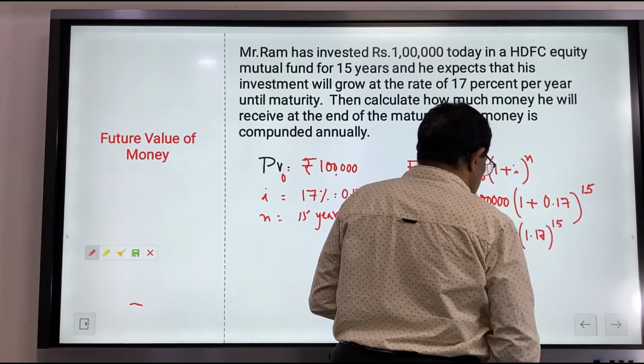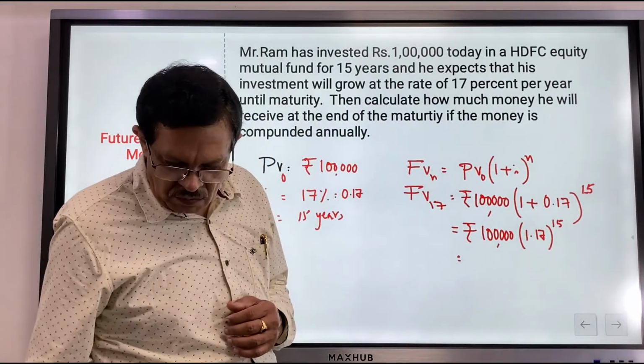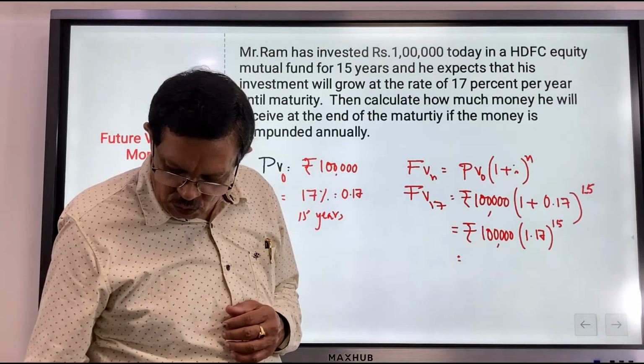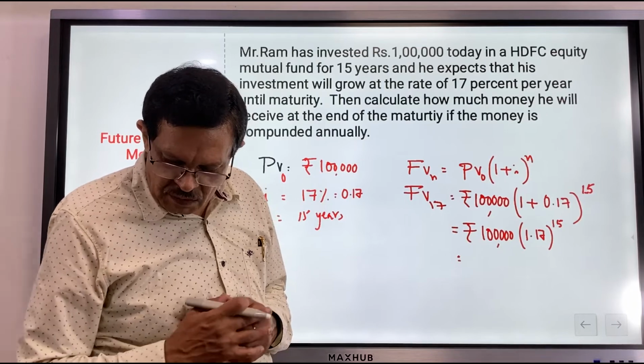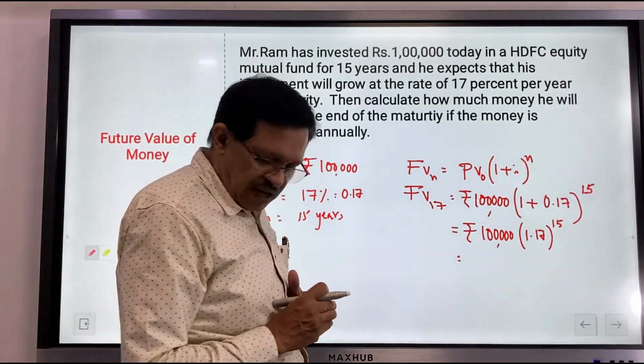So this particular value is going to be equivalent to 10.539.